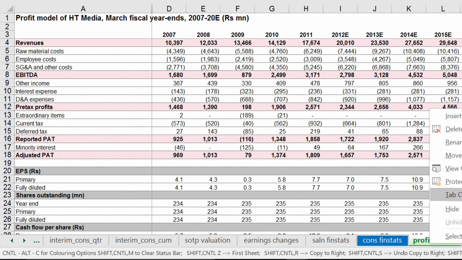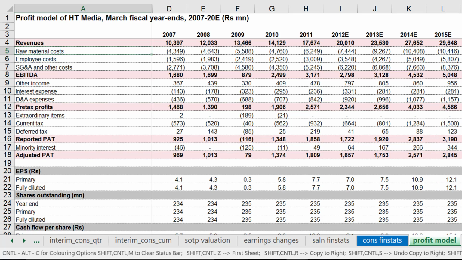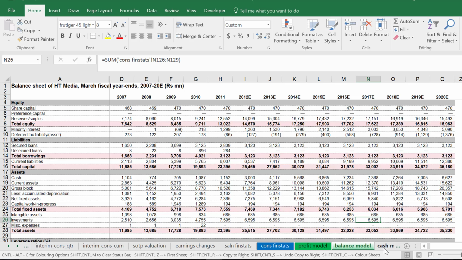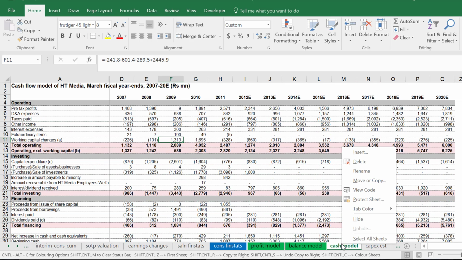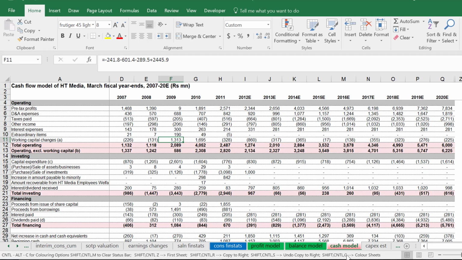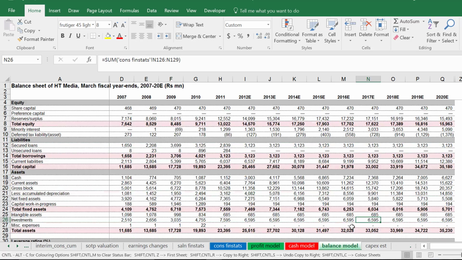Now I'm going to make these different colors so we can track where things come from. Then they have the cash flow, which I think should be before the balance sheet. The balance sheet is kind of at the end.